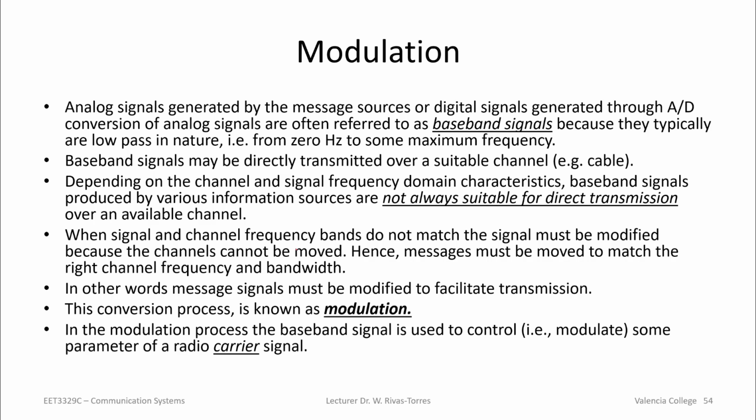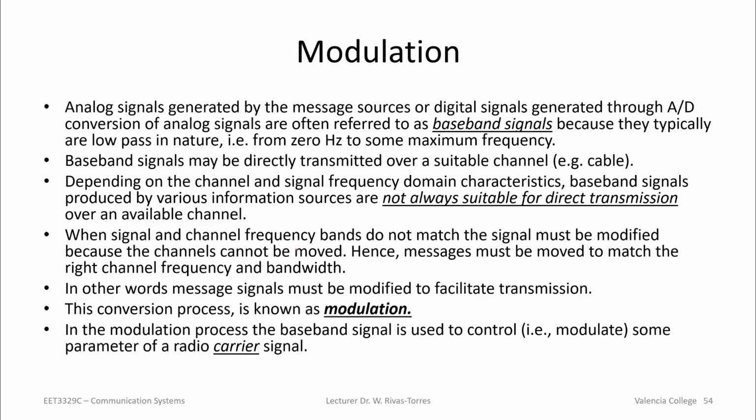So when the signal and the channel frequency band don't match, the signal needs to be modified. You can't modify the channel. You see, the channel is immovable, right? You can't really modify the channel, right?